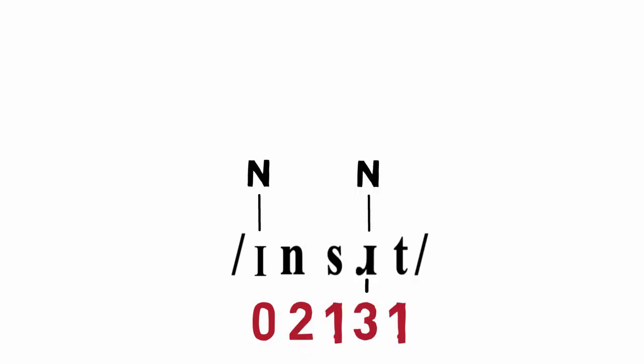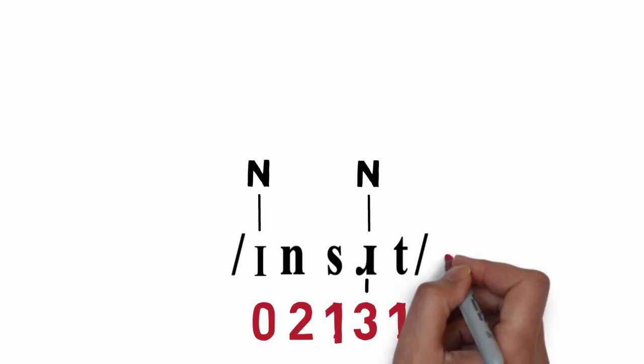The question is, do we have the s as part of the first syllable, or is it part of the second syllable? Is it insert or ert? Note that although sr is a bad onset, s with a r nucleus is fine.